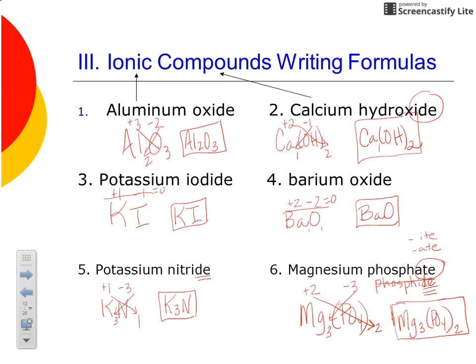Had it been magnesium phosphide, IDE, you would have done Mg and you would put a P. It's just phosphorus. Label your charge the same, +2 and -3. So the 3 would come down here and the 2 would come down here. They cannot be reduced, so you would have said Mg3P2. If it had said magnesium phosphide, again, IDE means it's just an element, the nonmetal. If it is ATE or ITE, it's going to be a polyatomic ion.